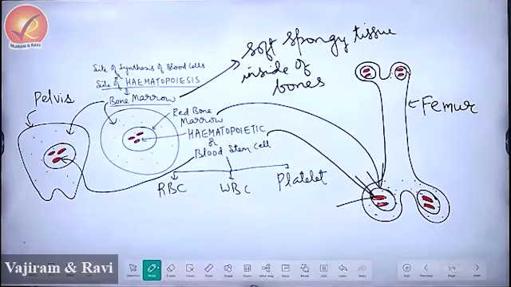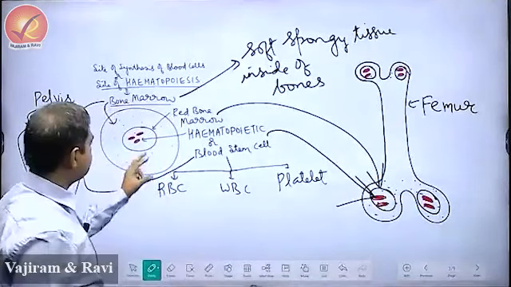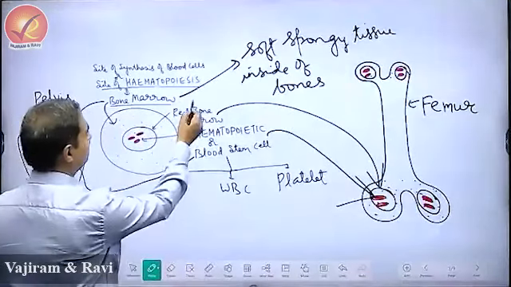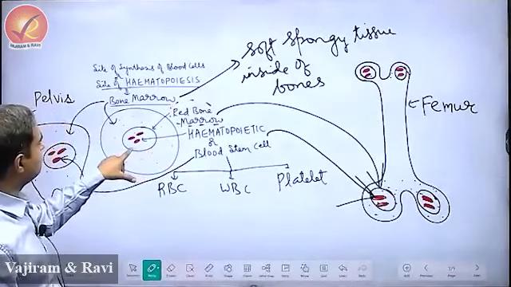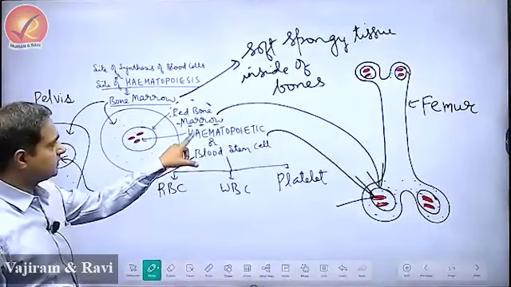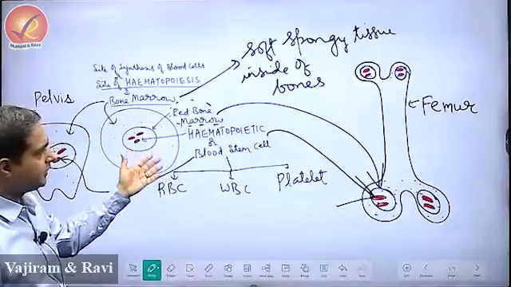This bone marrow contains what? Inside them, a specialized area called red bone marrow. And this red bone marrow contains blood stem cells, also called hematopoietic stem cells.